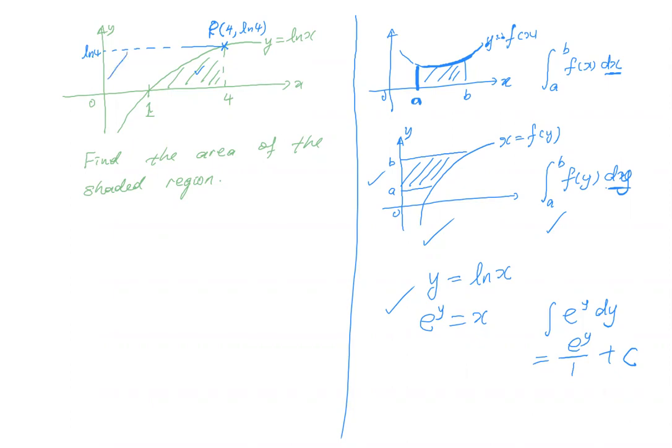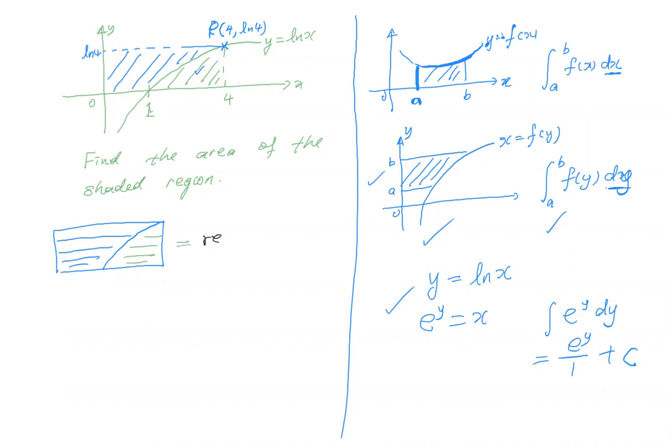So I have a blue region. The blue region plus the green region is a rectangle.